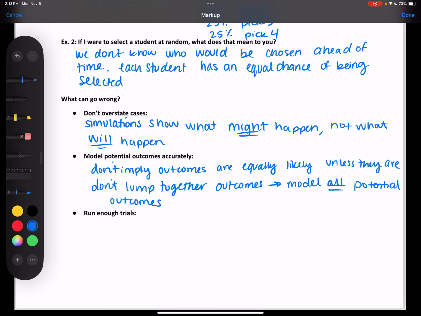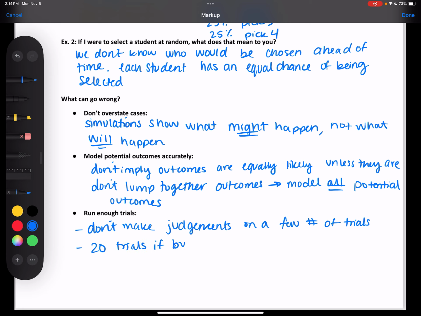So these are all things that could go wrong in the scenarios that are given. So don't make judgments on a small number of trials. We want to run 20 trials if it's by hand, meaning using the random number table.